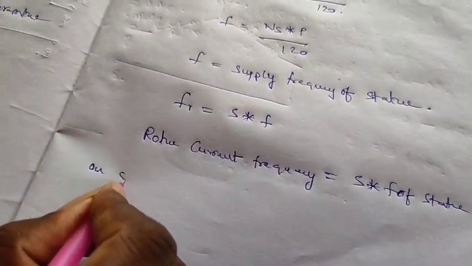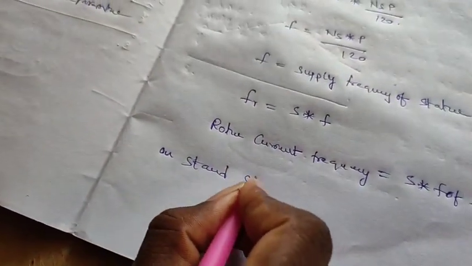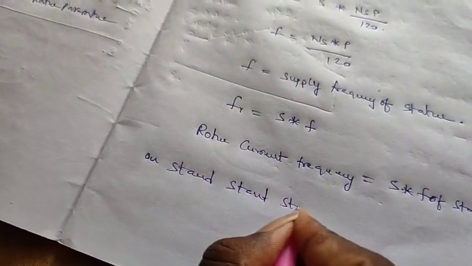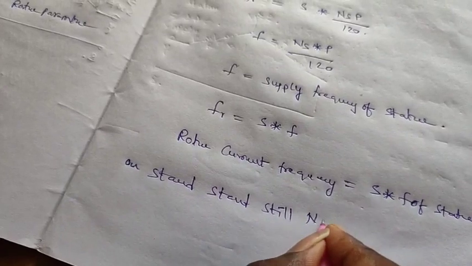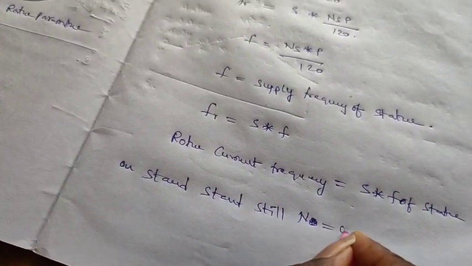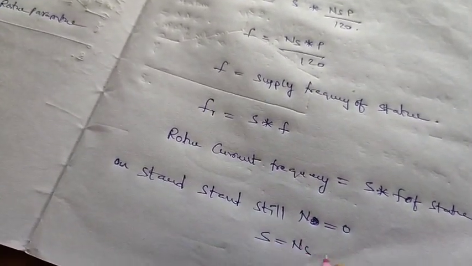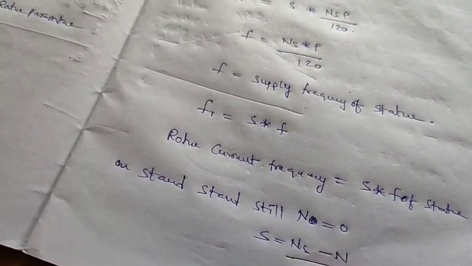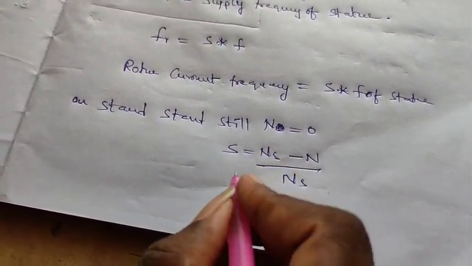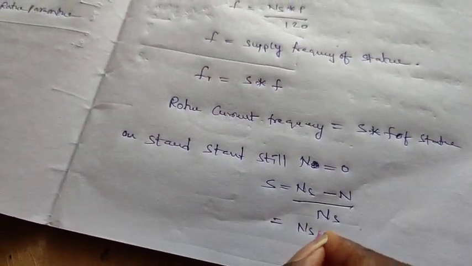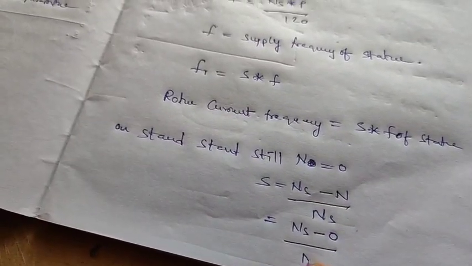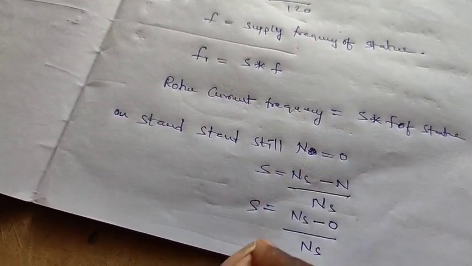So on standstill condition, N equal to 0, the slip (Ns minus N) divided by Ns is equal to (Ns minus 0) divided by Ns, the slip equal to 1.